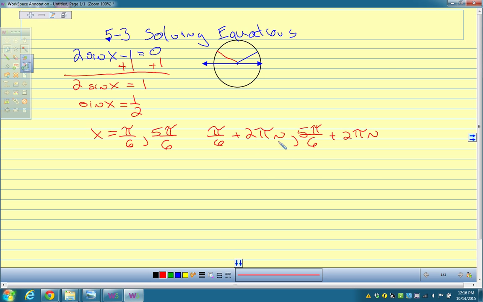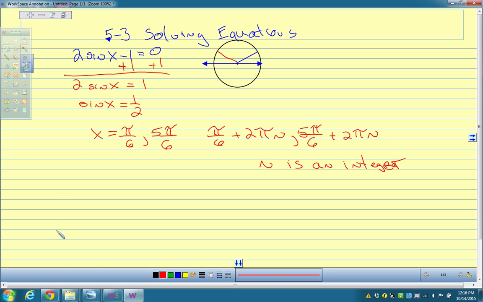Guys, this would account for every single solution where n is an integer. N is an integer, meaning negative 1, positive 1. So you could add 2 pi, add 4 pi, any integer multiple, like that. Okay?